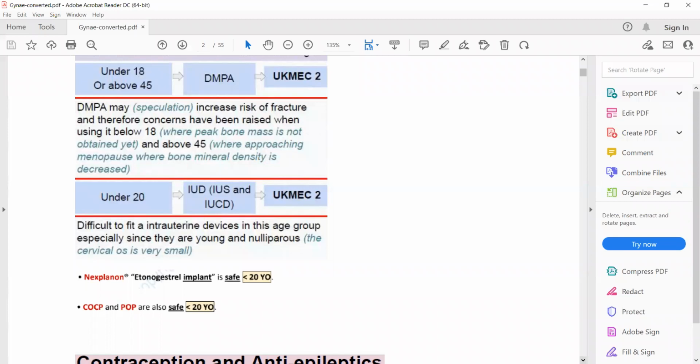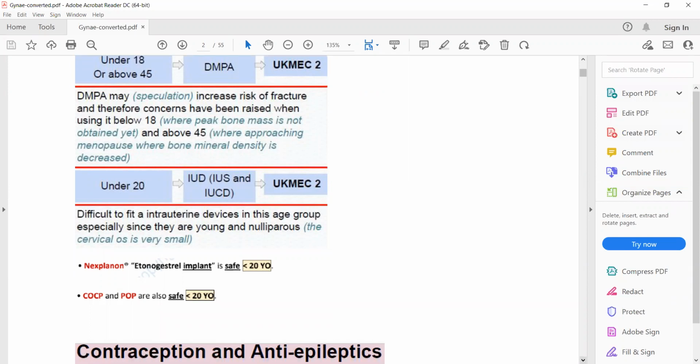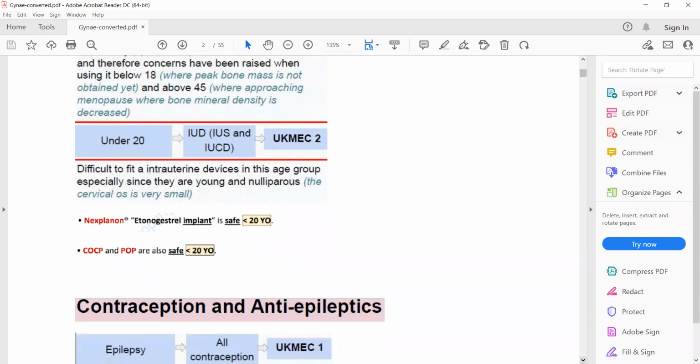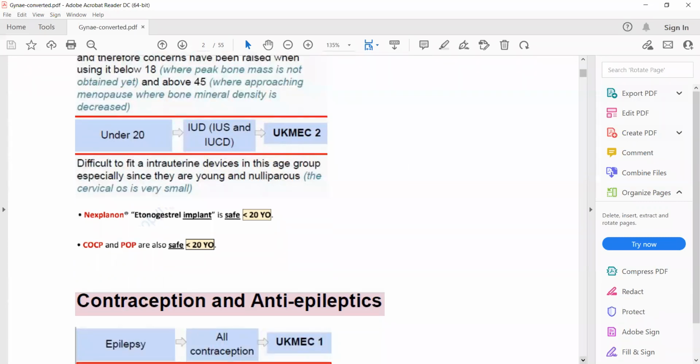That's why IUS and IUCD are UKMEC2 in patients who are less than 20 years old, because the young and nulliparous patient has a small uterus and a closed cervical os.